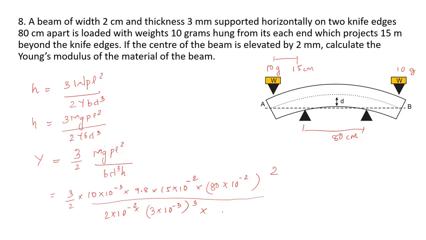It is 2 millimeter, so it is 2 into 10 to the power negative 3.